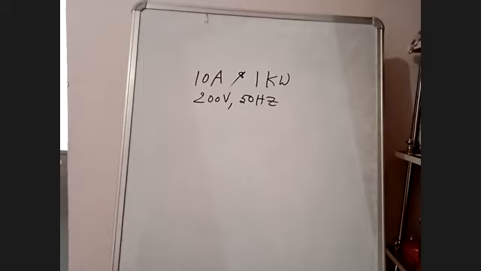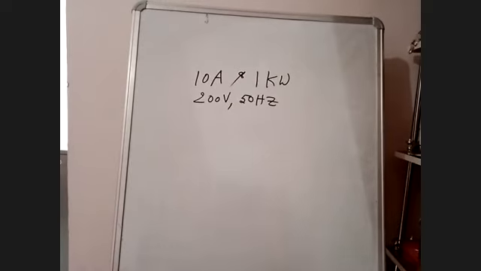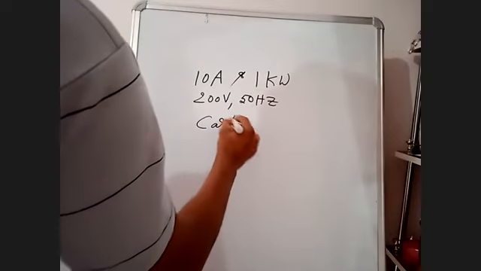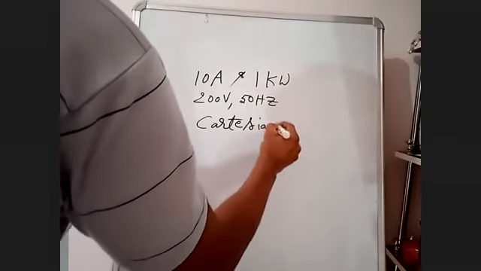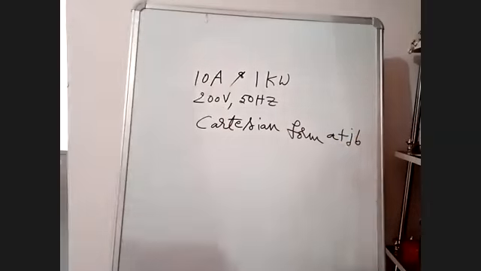Determine, first bit: the impedance in Cartesian form, A plus JB.